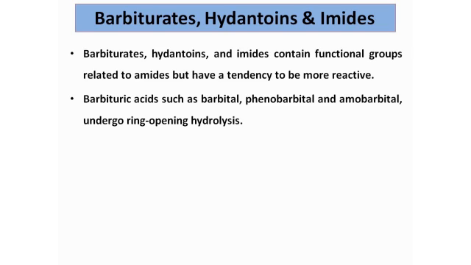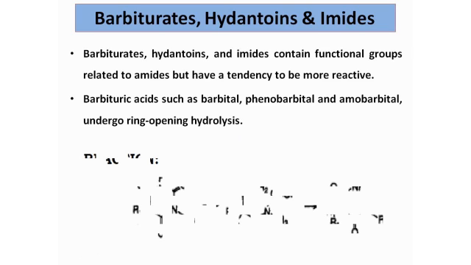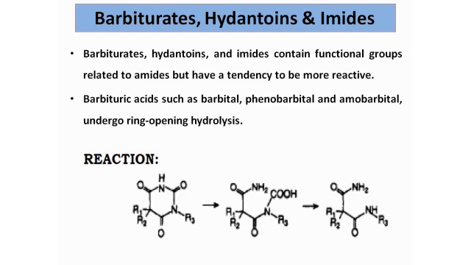The barbituric acids like barbital, phenobarbital and amobarbital generally undergo ring opening hydrolysis. I repeat, ring opening hydrolysis. As the barbiturates have a ring structure, upon hydrolysis the ring will break, the ring will open. This is the reaction. Here we have a ring. After hydrolysis, the ring may get open. The structure of the ring will break.